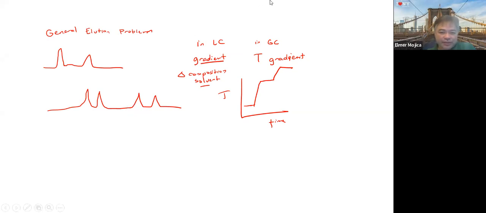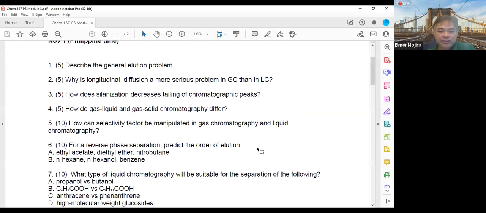Okay. Now the next question that we have there, why is longitudinal diffusion a more serious problem in GC than in LC? Ano yung longitudinal diffusion? Saan mo siya makikita? Anyone?